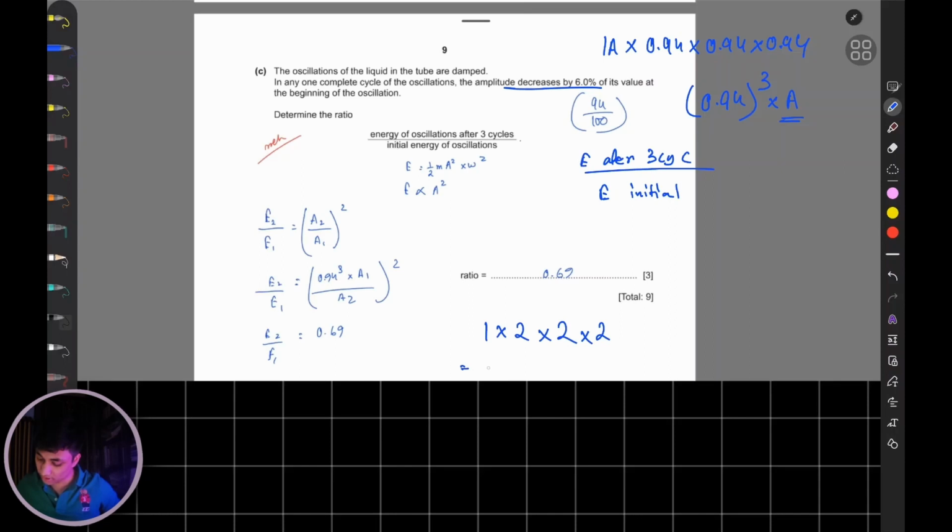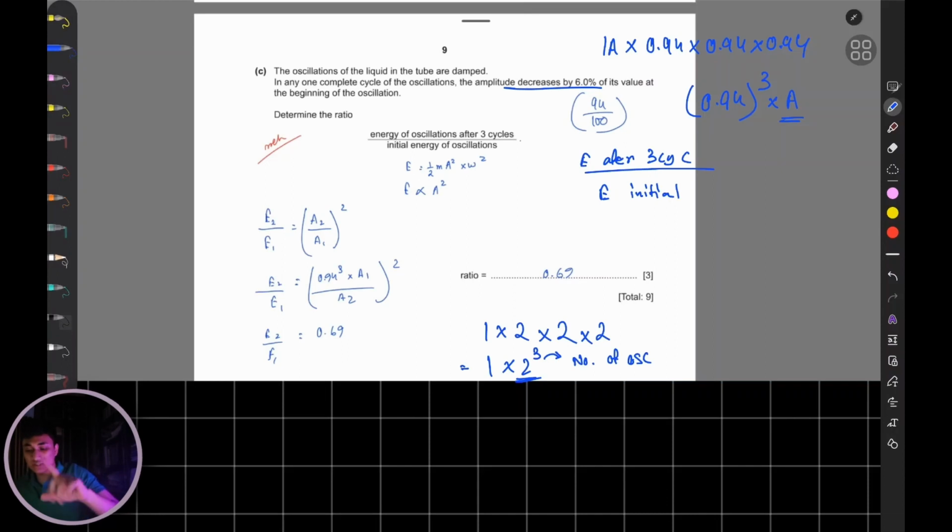So what you see is the initial value times 2 to the power of 3. The number of oscillations is the power, and the 2 is the factor by which the value is decreasing or increasing.